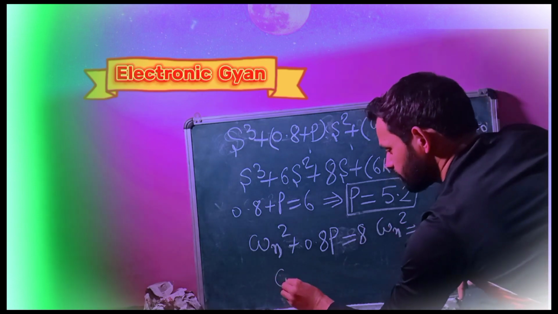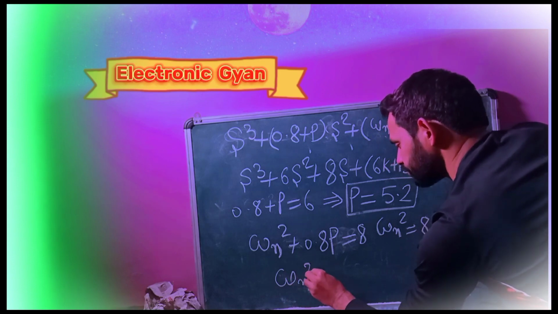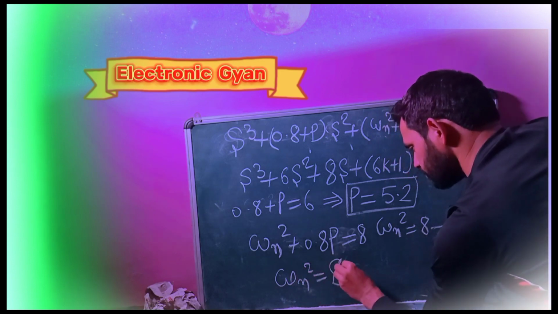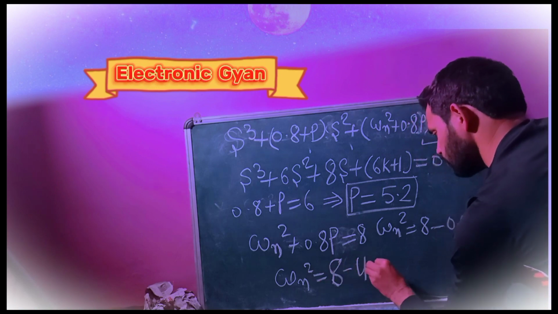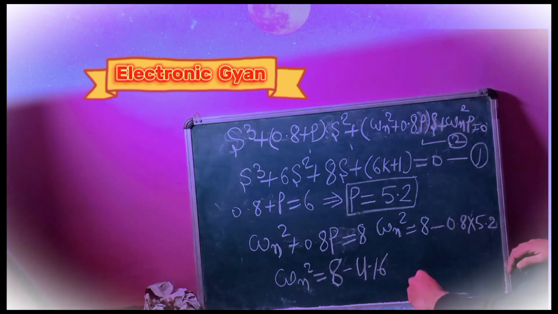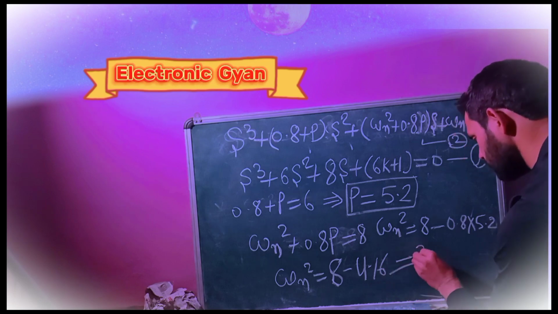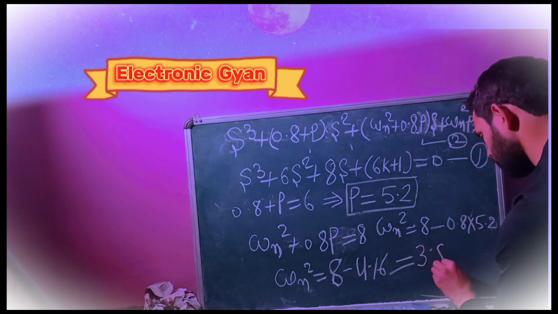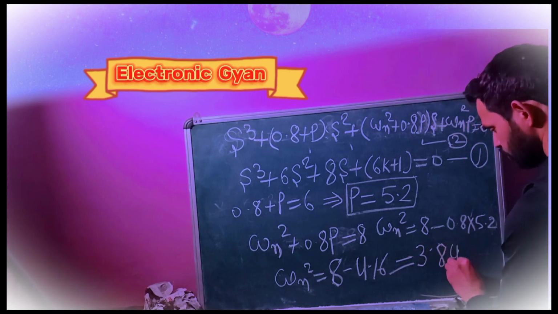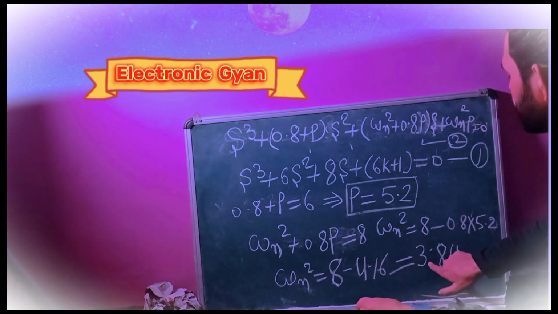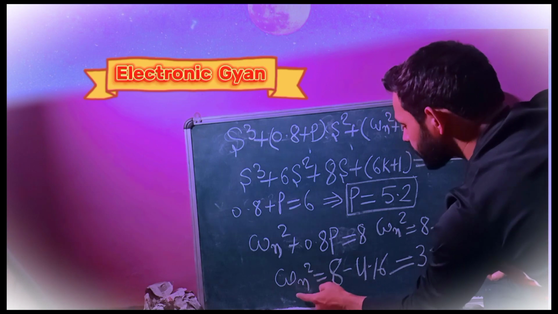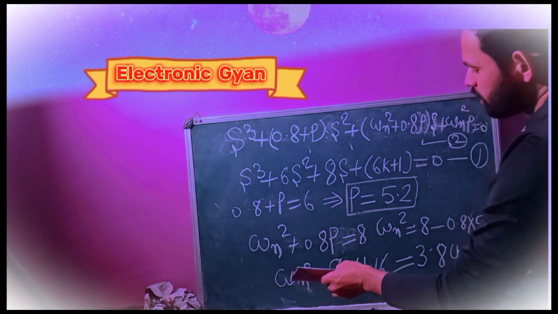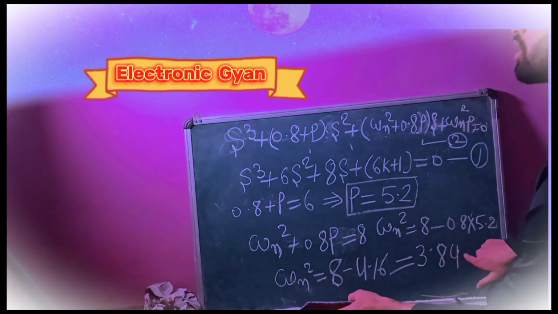Omega n square is equal to 8 minus 4.16, which is equal to 3.84. When you subtract this, we get 3.84. Now we have obtained the value of p and the value of omega n square. So p is 5.2 and omega n square is 3.84.